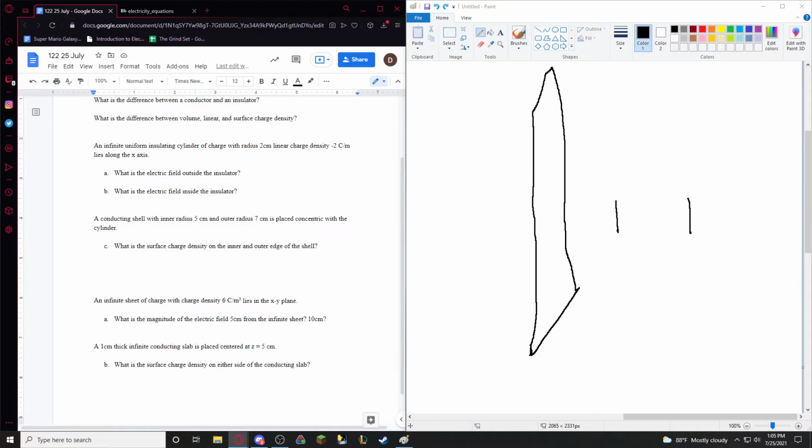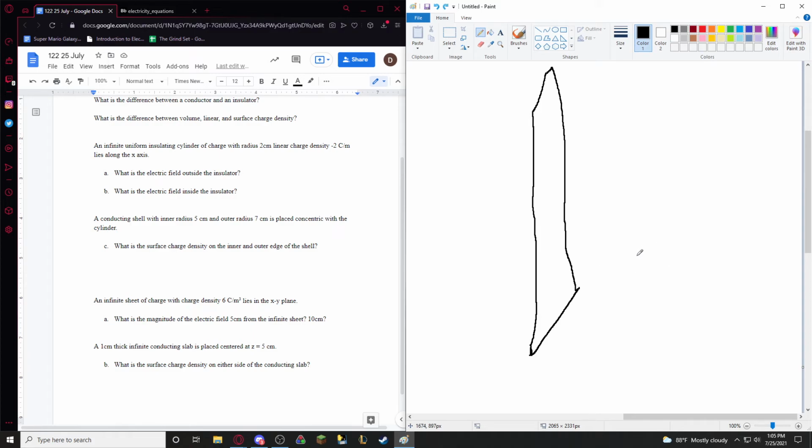Okay, so what's... Oh, crap. What's the area of the thing? Well, what's our Gaussian surface going to look like? I think in this case it's going to be a cylinder.